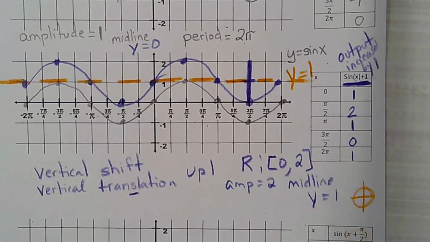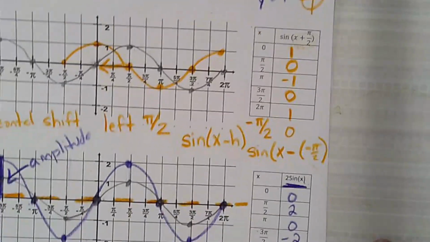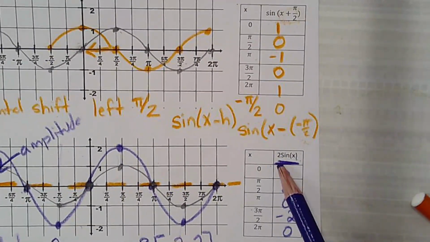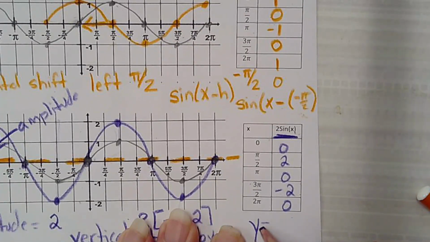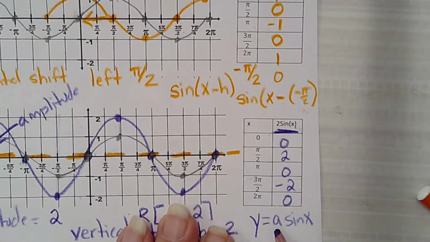All right. Now, notice where this number is right here. Do you see the 2 is in front of the sine? So when we have y equals a times sine x, that a is always going to cause a vertical stretch. So if it was a 3, it would be a stretch by 3.